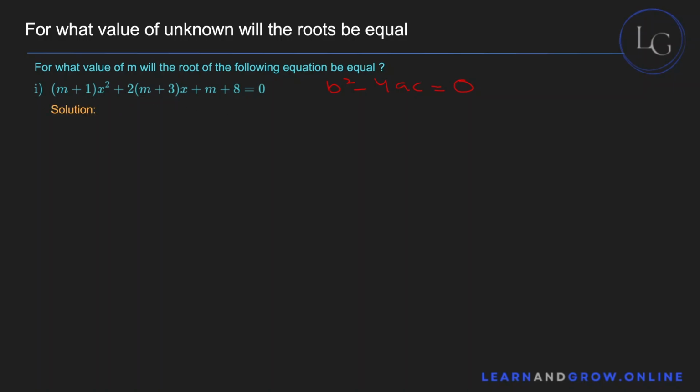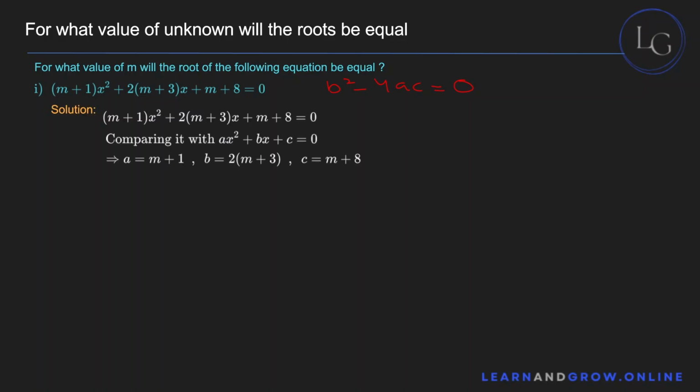Now, over here, you can see that a is equal to m plus 1, b is equal to 2 into m plus 3, and c is equal to m plus 8. Now, the roots of the given equation will be equal if b square minus 4ac is equal to 0.